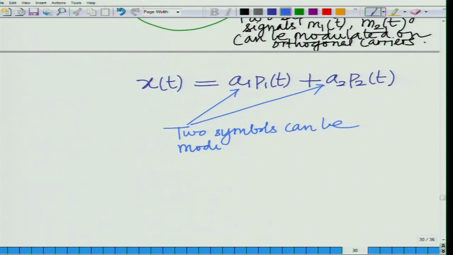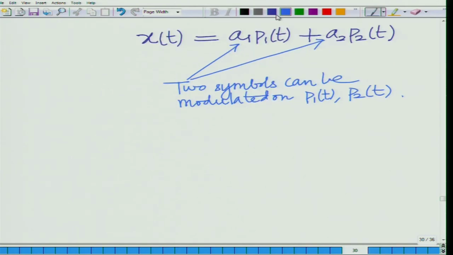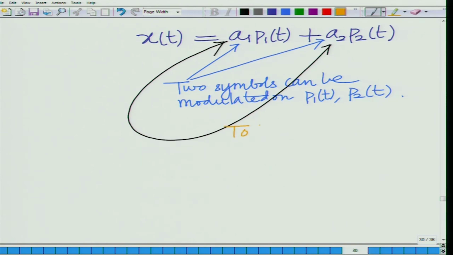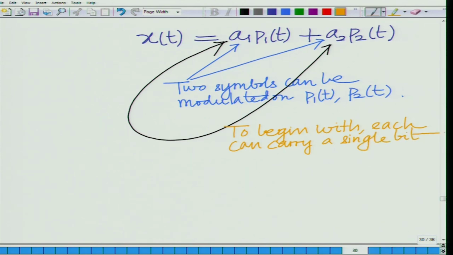So two symbols or two bits can be modulated on p1(t) and p2(t). Each can carry one bit of information, they can carry more also, but to begin with let us say each can carry a single bit of information.